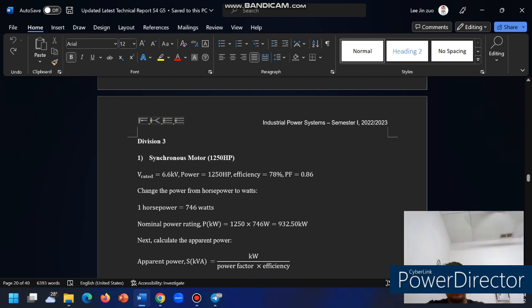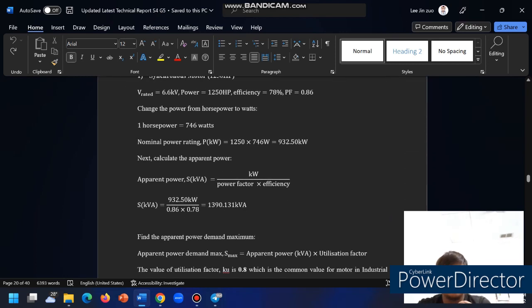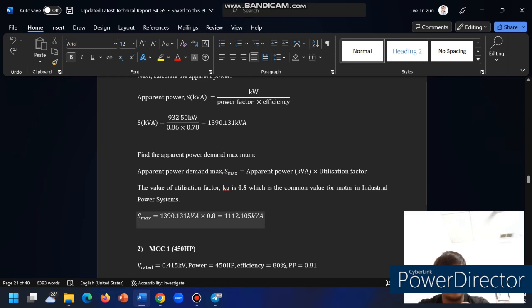At first we have a synchronous motor with 1250 horsepower, efficiency of 78%, and a power factor of 0.86. And the apparent power is 1390.131 kVA, and the maximum is 1112.105 kVA.